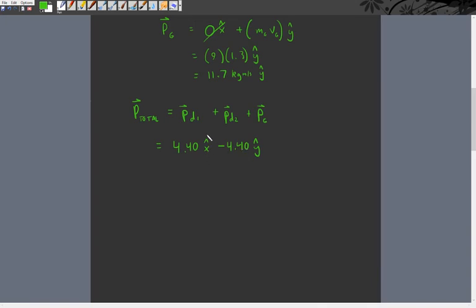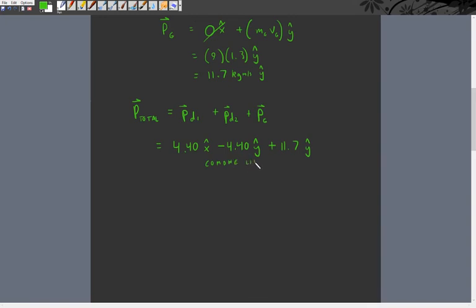You can't add these because they don't have like terms. The x-hat cannot add into a y-hat. Just like an x couldn't add into a y, we cannot combine these two terms. And you'll see what I mean in a minute. Okay, and the goose is going to have positive 11.7 kilogram meters per second in the y-hat direction.